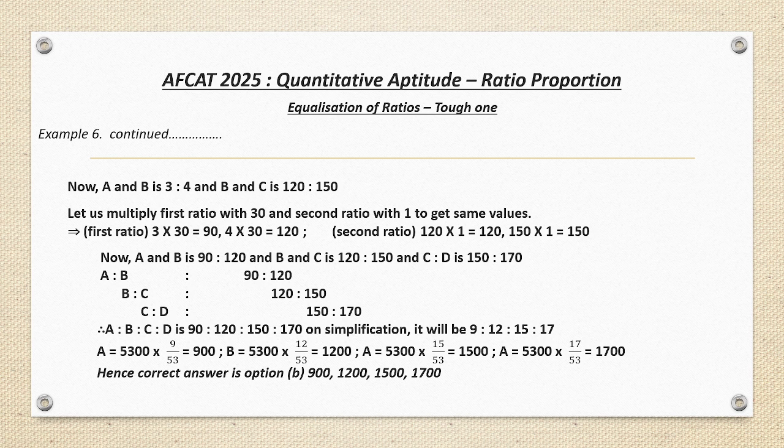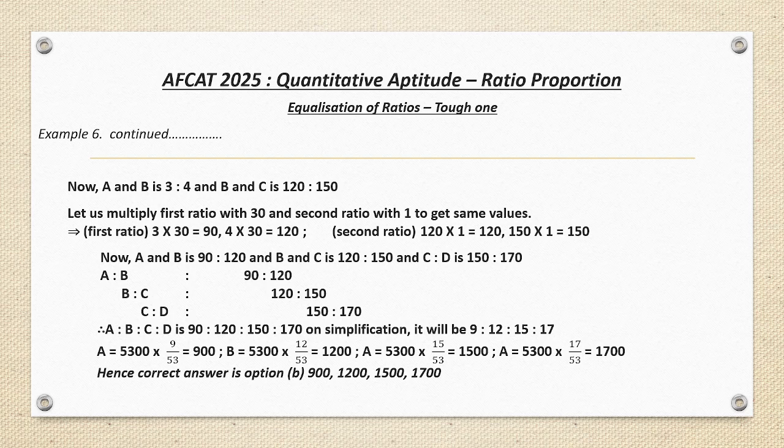And we want B to C as 120 to 150, so we keep the second ratio the same. So 3 into 30 is 90. 4 into 30 is 120. So 90 to 120 is A to B, and B to C is 120 to 150. So now we have got all the values. That is A, B we have got, B, C we have got, C, D we have got.